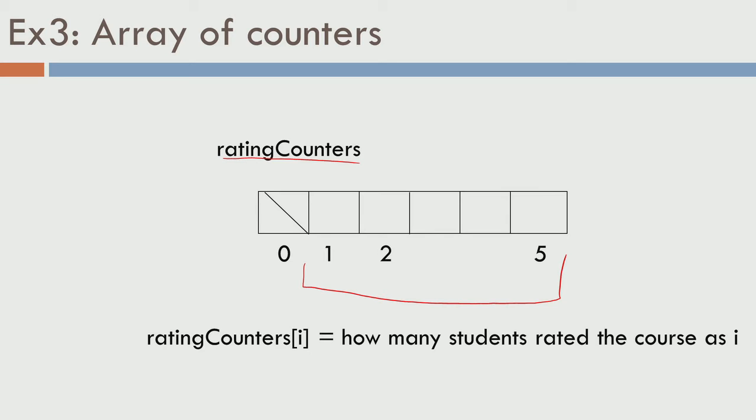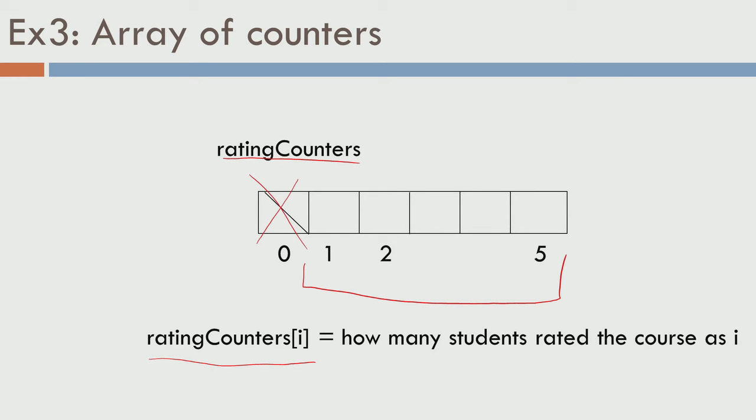I have 5 locations, and rating counters of I is going to maintain the record of how many students rated the course as I. So, if 5 students gave rating 1, I would expect rating counters of 1 to contain the value 5. Since the ratings are only 1 to 5, however array indices start from 0, I am going to declare an array of size 6, and I will not use location 0.